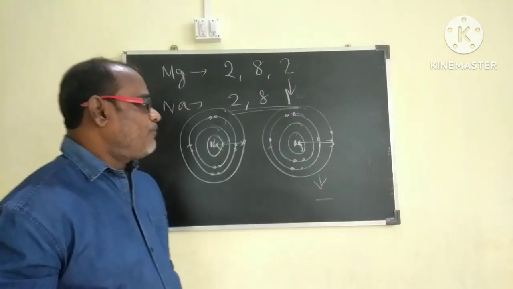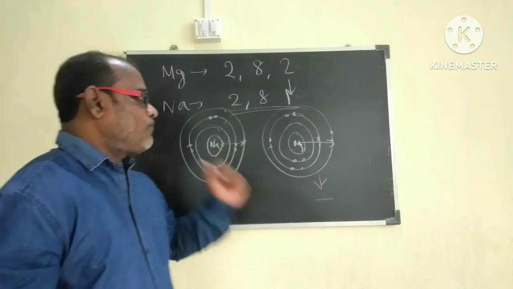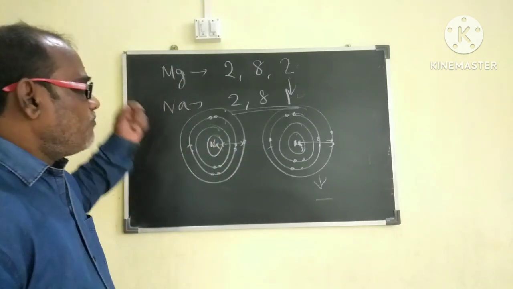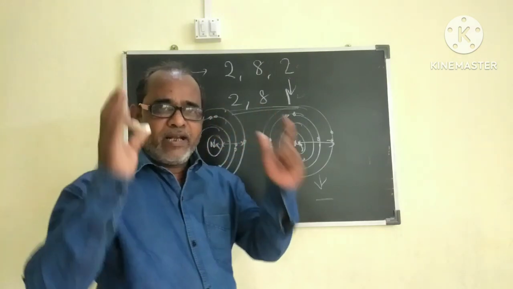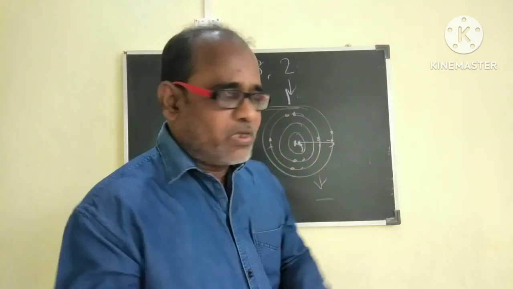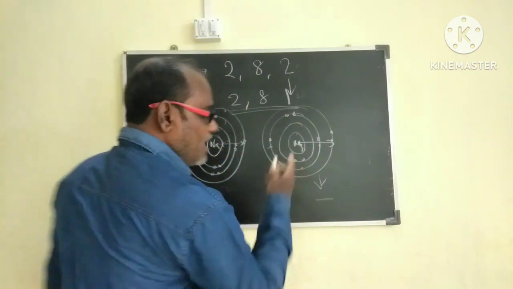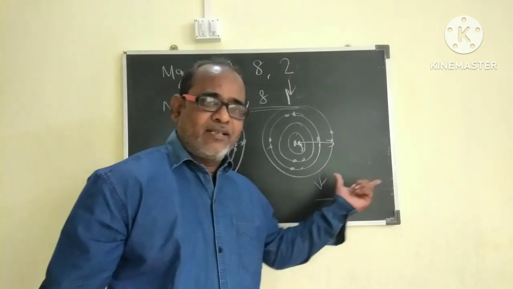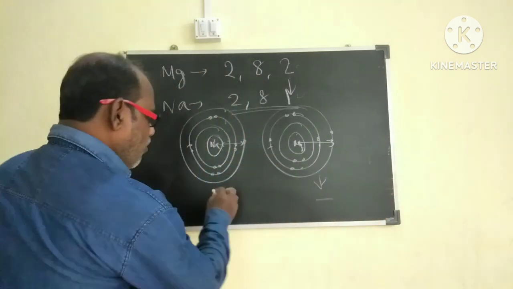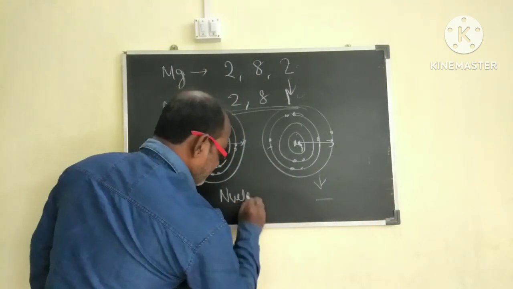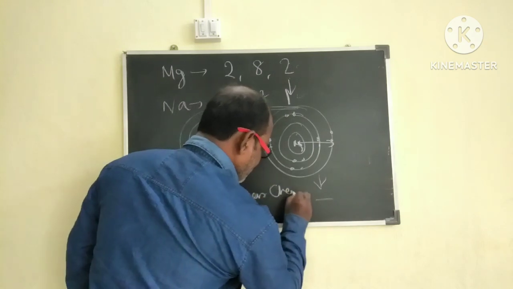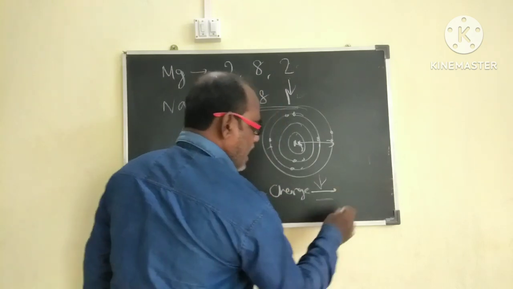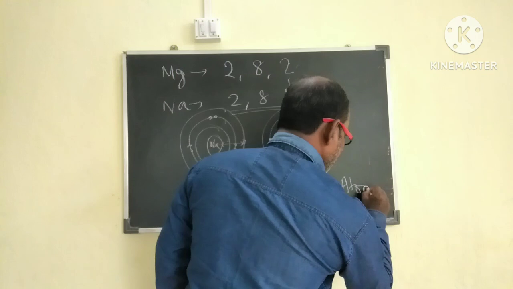That means what have we understood from this? We have understood that from left to right the atomic radius gets reduced. Why does atomic radius get reduced? Because the nuclear charge increases. That means the more the nuclear charge, the smaller the atomic radii.